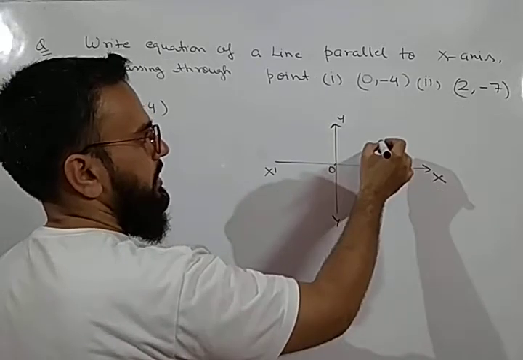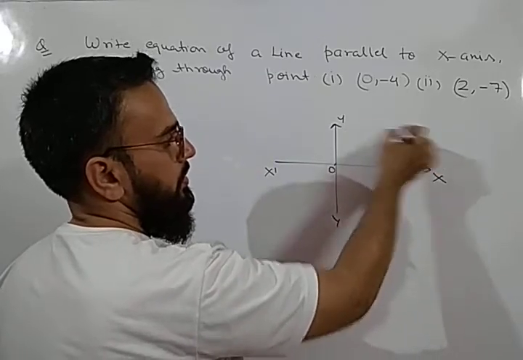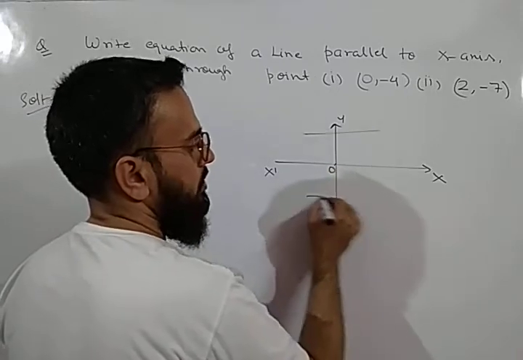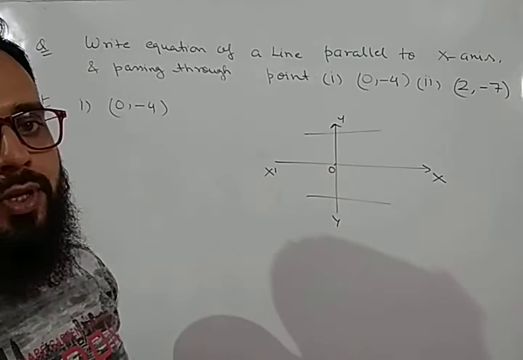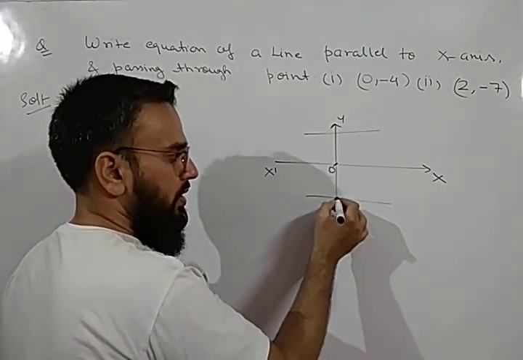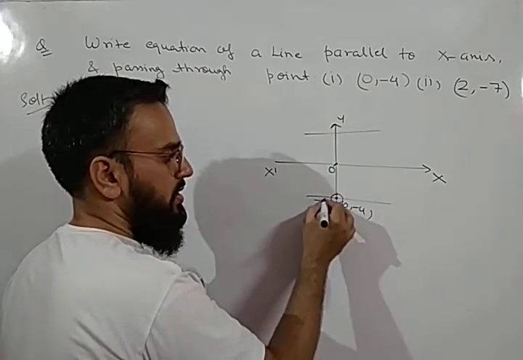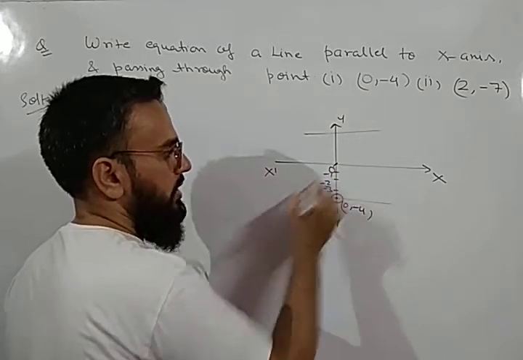Parallel to the x-axis means the line will pass like this on the positive side of the y-axis or on the negative side of the y-axis. It may be like this or like this, but it is passing through (0, -4). So where will (0, -4) be? It will be on this side. This point can be taken as (0, -4) if we consider these points as -4, -3, -2, -1 and 0.